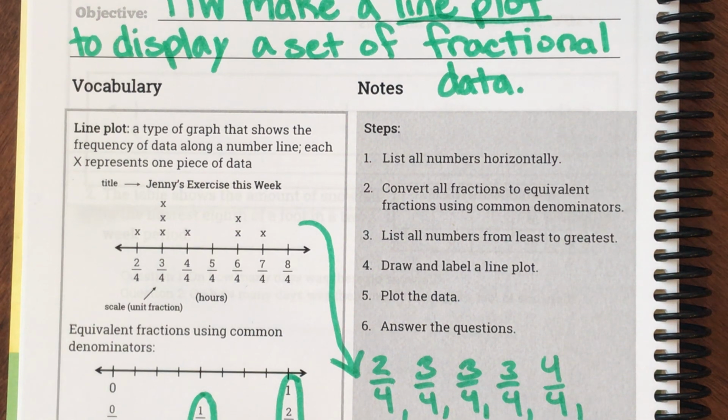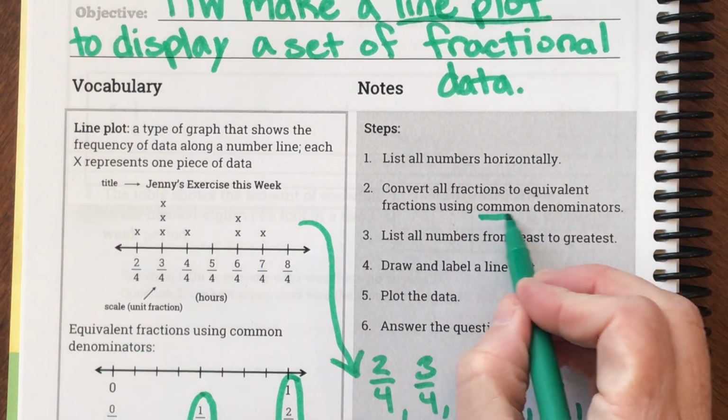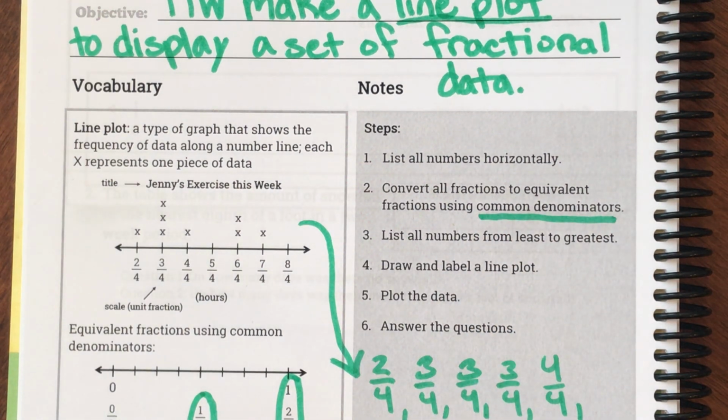So we're going to want to convert all of our fractions so we have common denominators. Okay, list all numbers from least to greatest. I don't always do this step, friends. I just look really closely at mine, but I don't rewrite them. Okay, so you do need to put them least to greatest, but I don't.